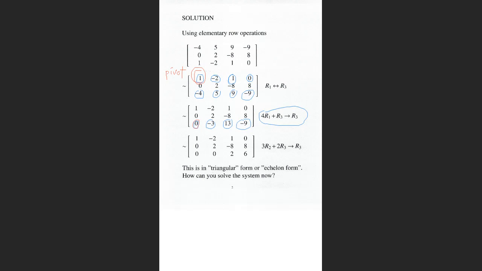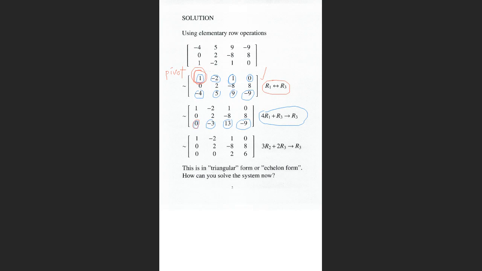The reason I interchanged row 1 with row 3 in the first step was so that I would have my pivot at the top. Then I can take a multiple of the pivot. 4 times that pivot 1 is equal to 4, and adding it to negative 4 is easy. So 1 is a very convenient pivot to use.